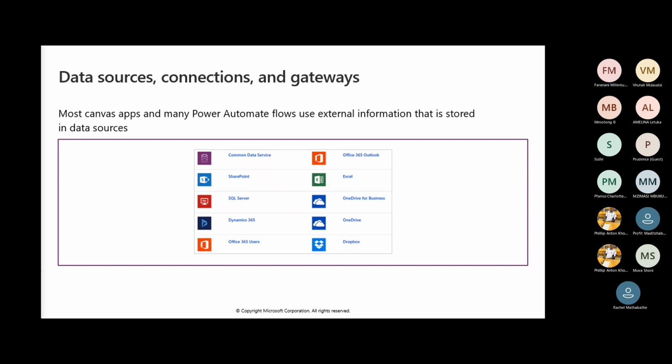In Power Apps, most Canvas apps use external information that is stored in data sources. A common example is a table in an Excel file that is stored on OneDrive for Business or SharePoint.